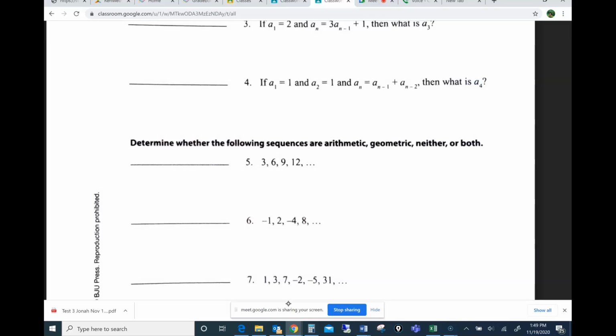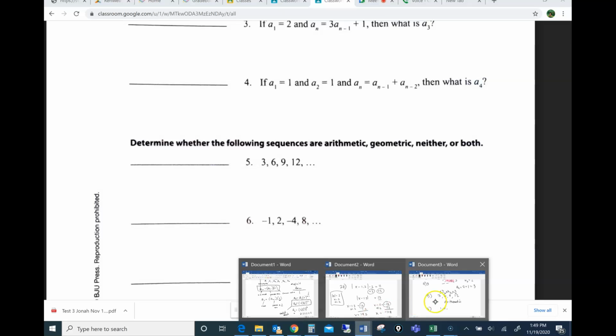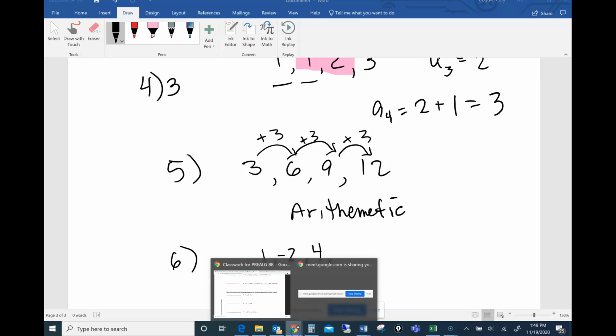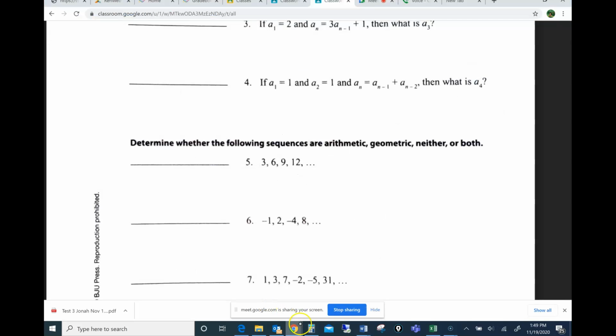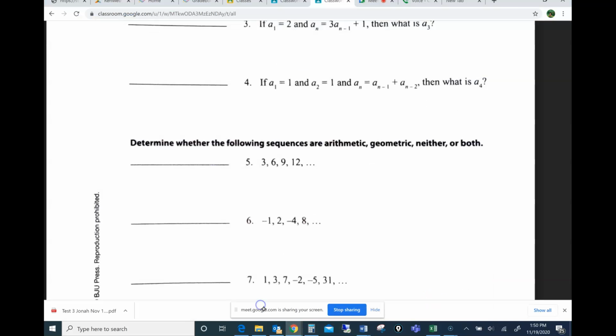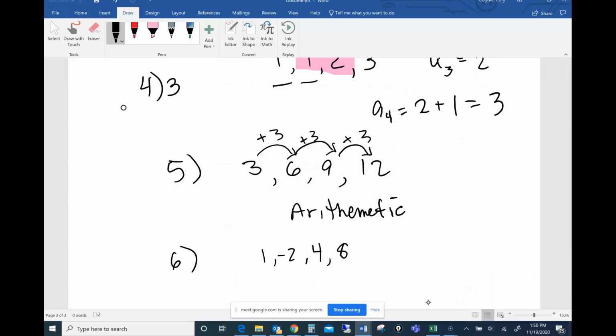So 2, negative 4, and then positive 8. Okay. I think I got my signs wrong here. Hang on just a second. So the 1 is negative and the 2 is positive. Okay. That's negative and that's positive.